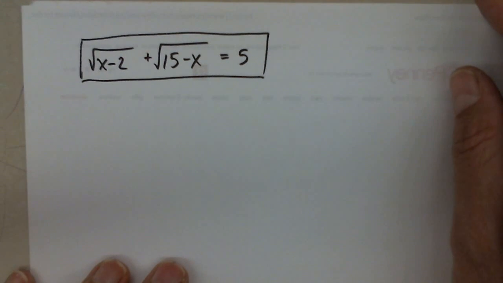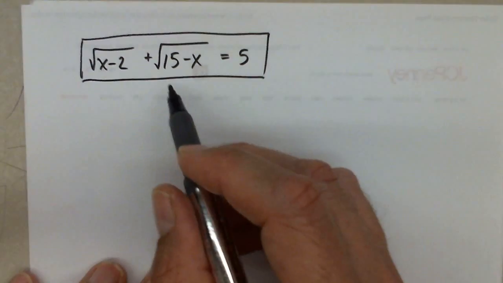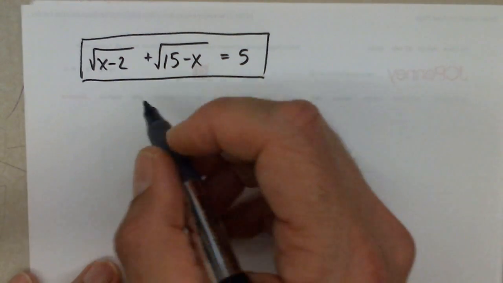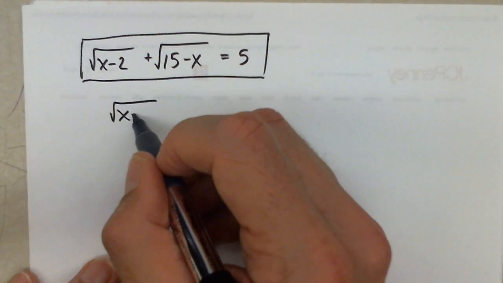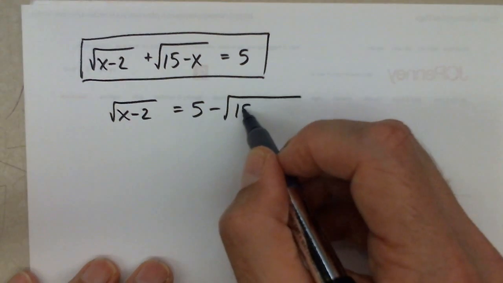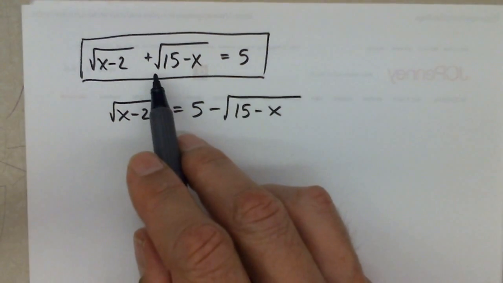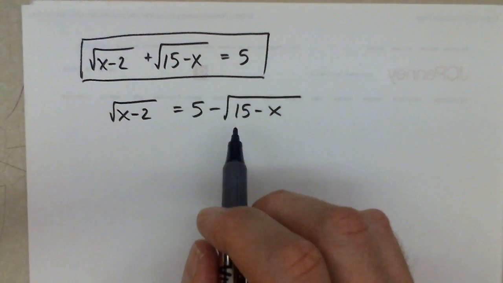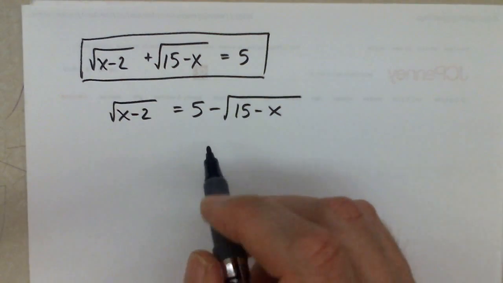So let's move one over, and then we're going to square. Subtract this radical from both sides, and we get this. Now we can square both sides.